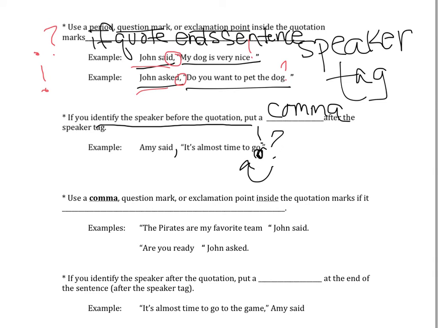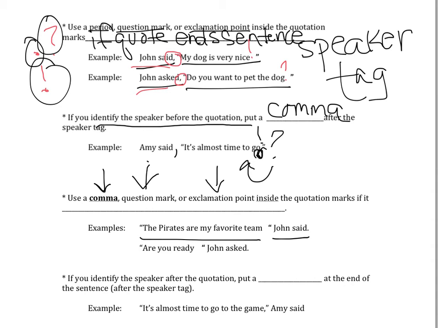Your second option with speaker tags is to have the speaker tag come at the end and the quote at the beginning of the sentence. So if that's the case, then your choices are you can use a comma, not a period. That was a period up here, but now when the speaker tag comes at the end, your choices at the end of the quote are a comma, a question mark, just like above, and an exclamation point, just like above.